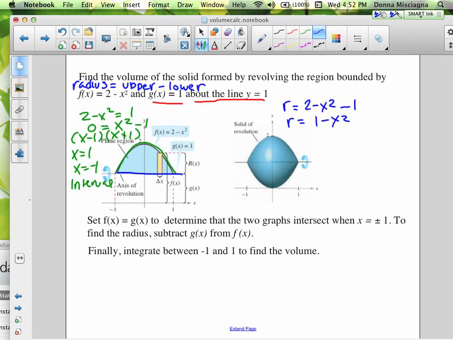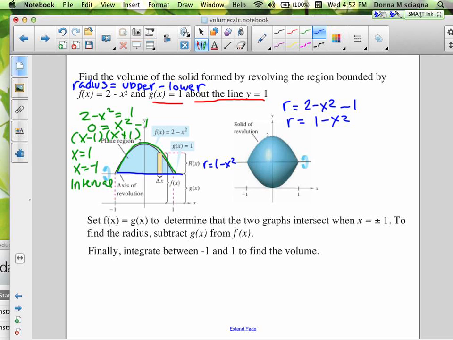That's my radius. So I've got these disks that we're revolving. Imagine them to be cylinders with really super skinny width. The yellow cylinder's drawn in there. So this radius, this r, is just 1 minus x squared.